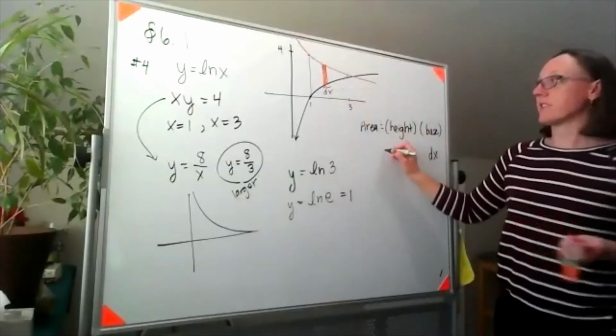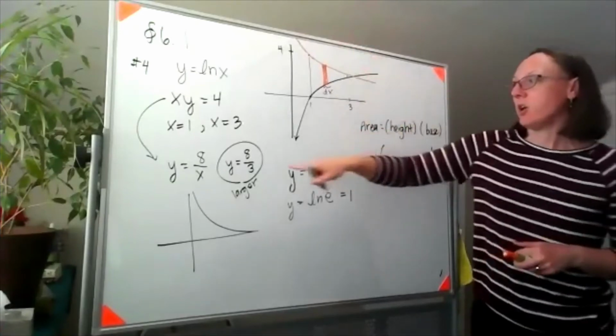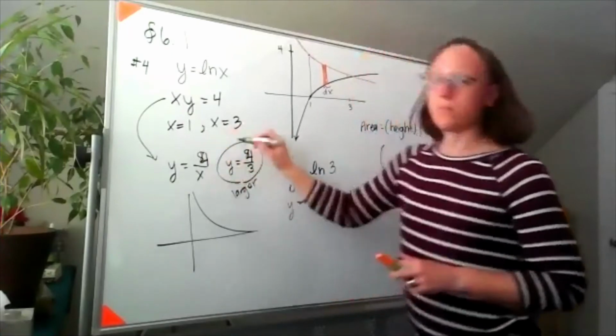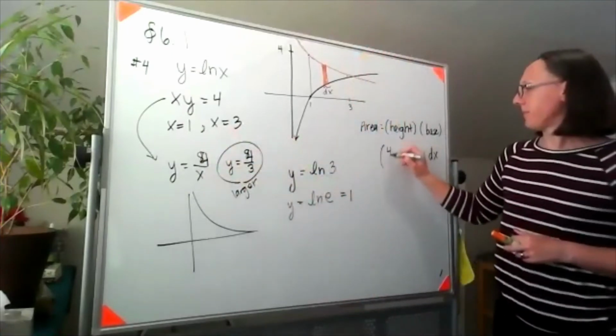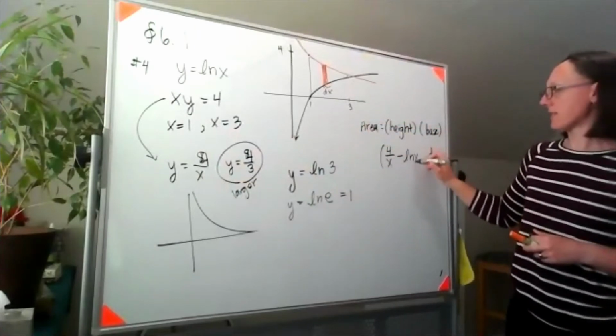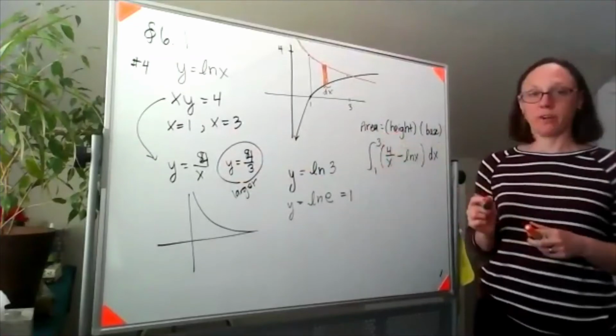And our height is our top function minus our bottom function. Our top function here was, I never changed it back, 4 over x. And our bottom function was natural log of x. And we're integrating that from 1 to 3.